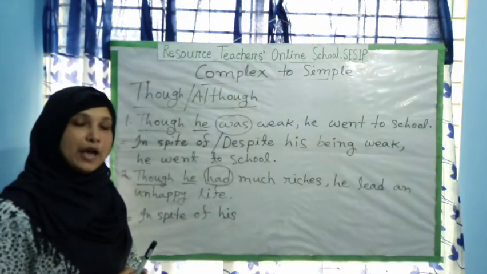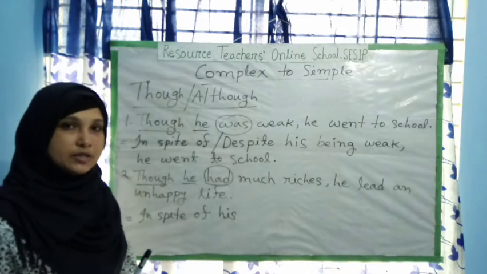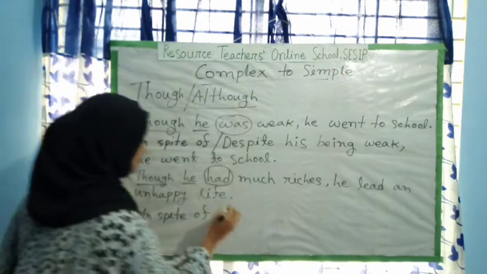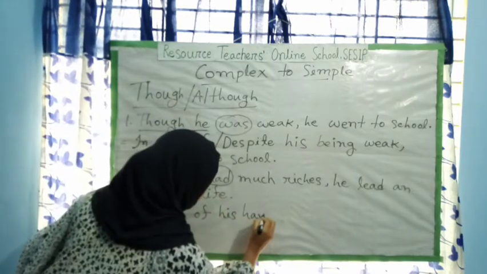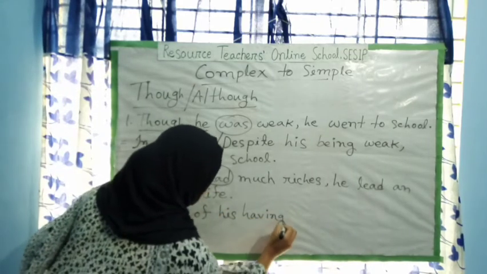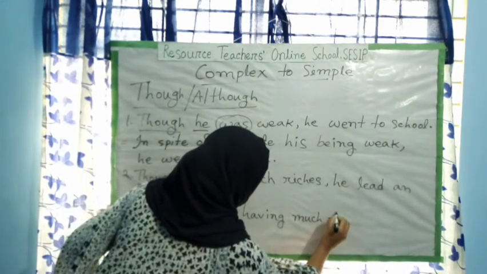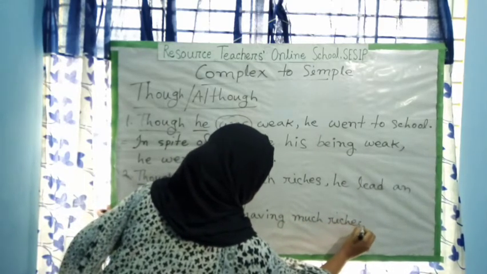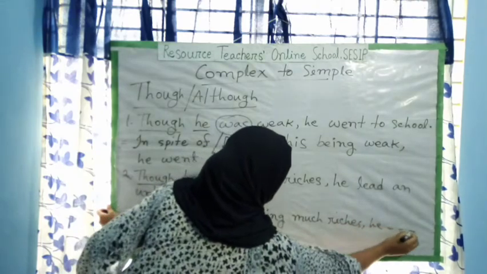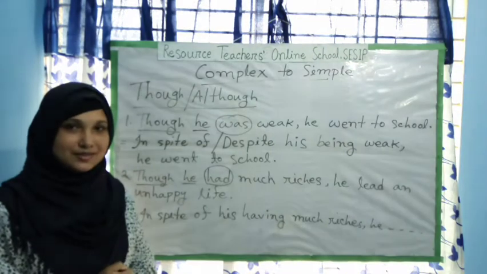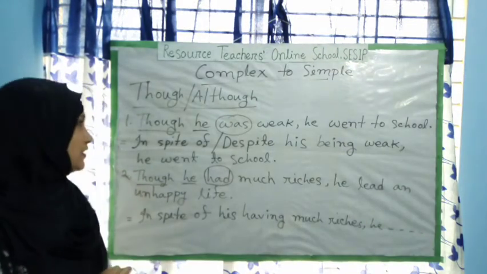Instead of have, has, had, we have to write having. Now we will write having much riches, rest of the sentences. Have you understood? I know you have understood. Okay.